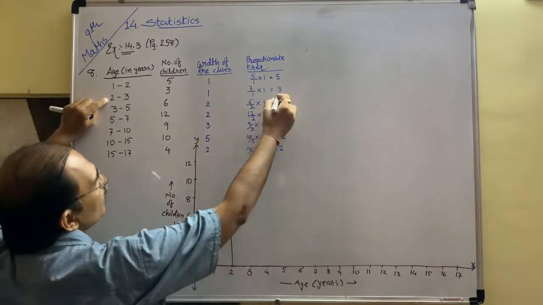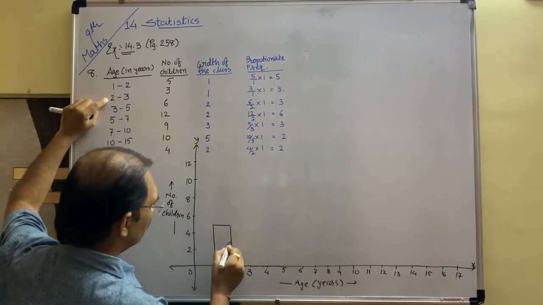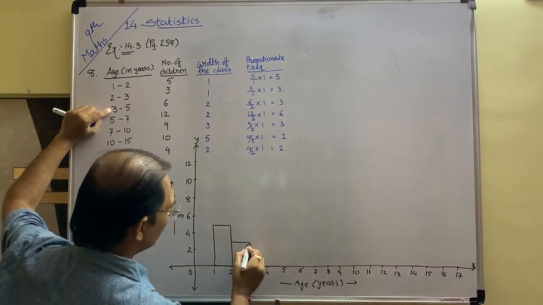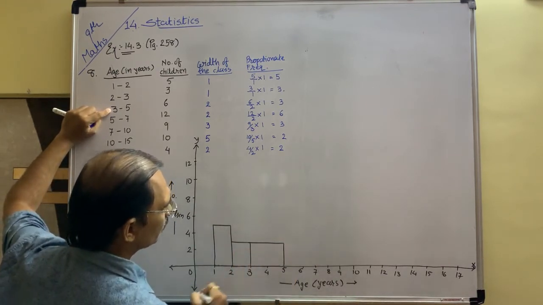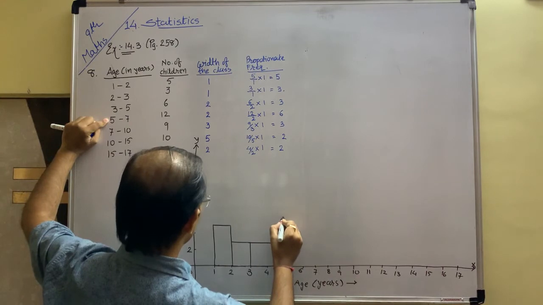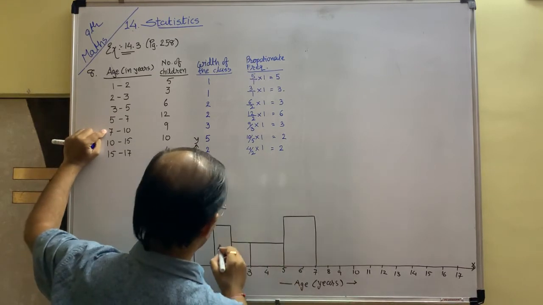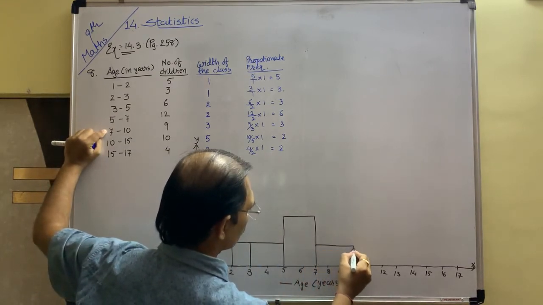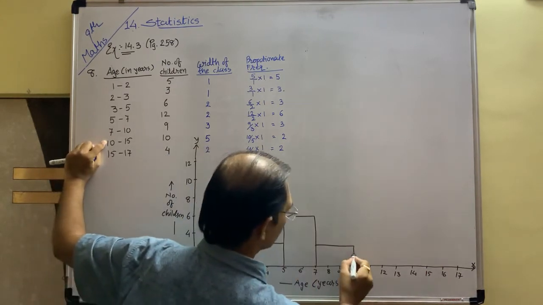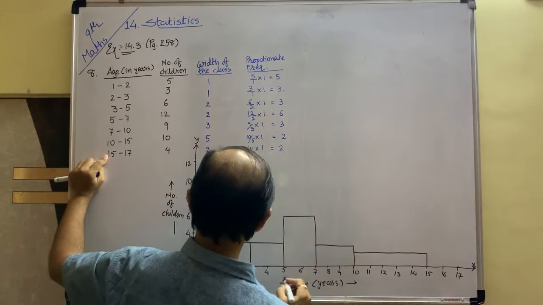Then 2 to 3, proportionate frequency is 3. 3 to 5, 3. 5 to 7, 6. 7 to 10, 3. 10 to 15, 2 only. 15 to 17 also 2.